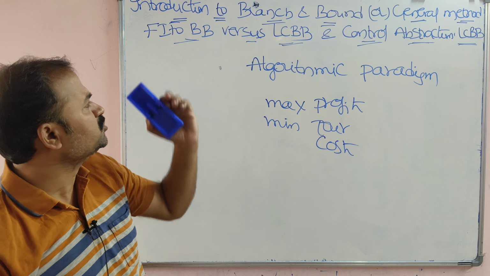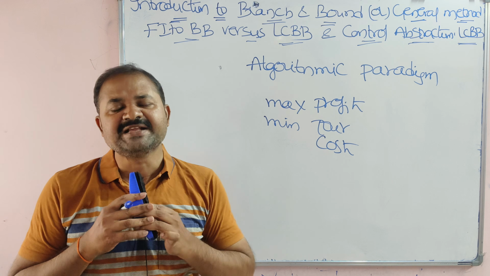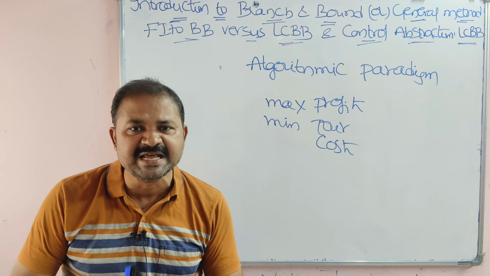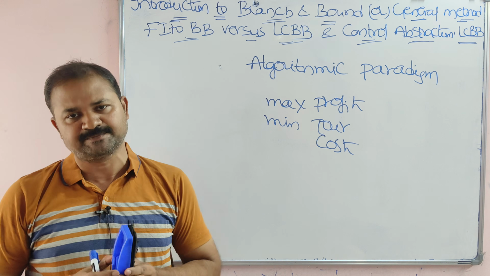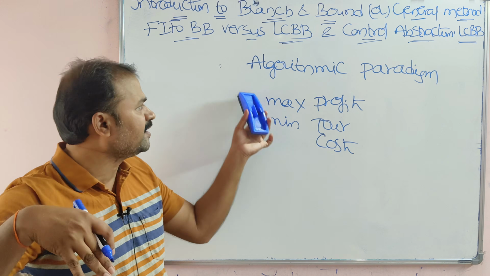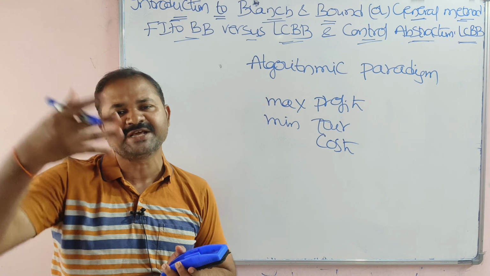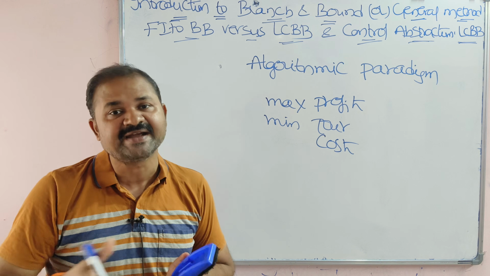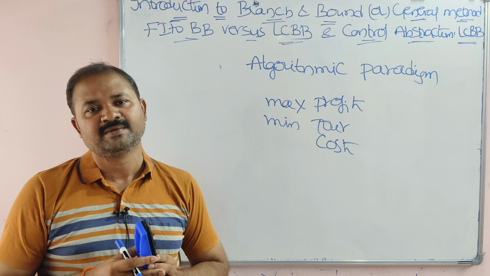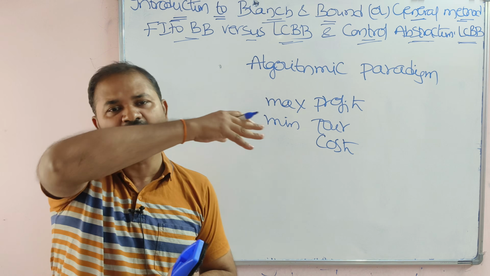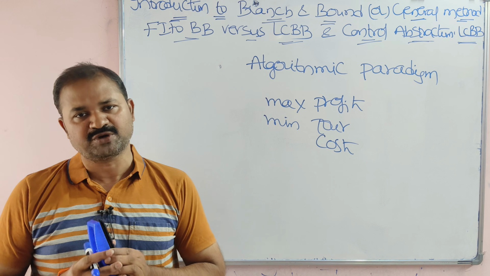So that is about what the branch and bound algorithm is. It is mainly useful if all previous algorithms fail. Branch and bound is the last algorithmic paradigm technique. Before it, we have divide and conquer, greedy method, dynamic programming, and backtracking. If all those methods fail, then we will use branch and bound.